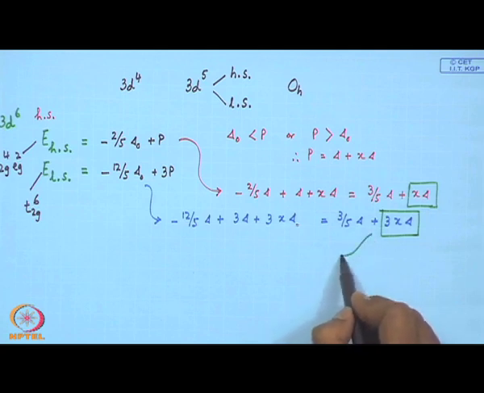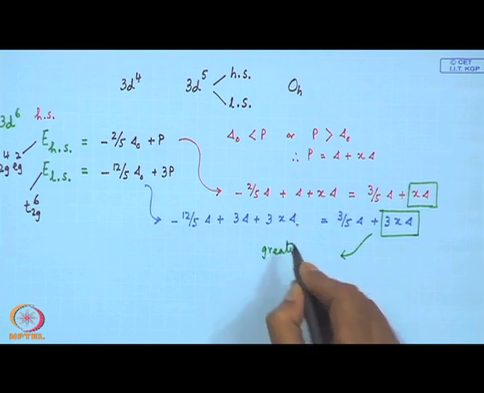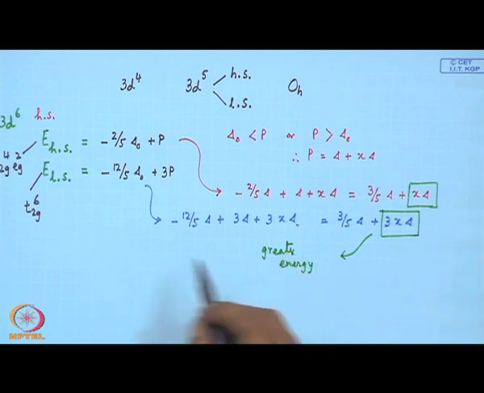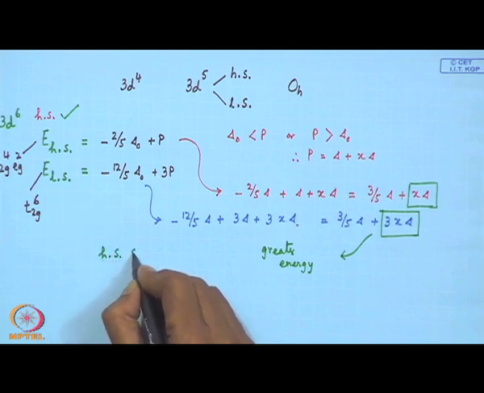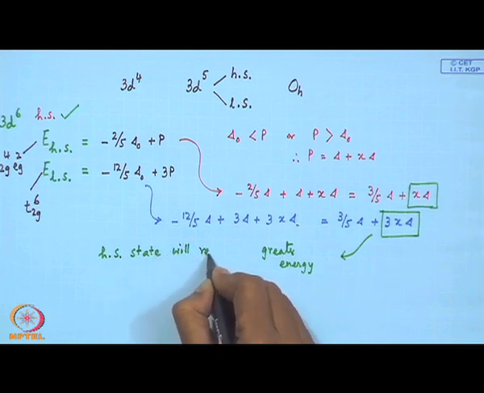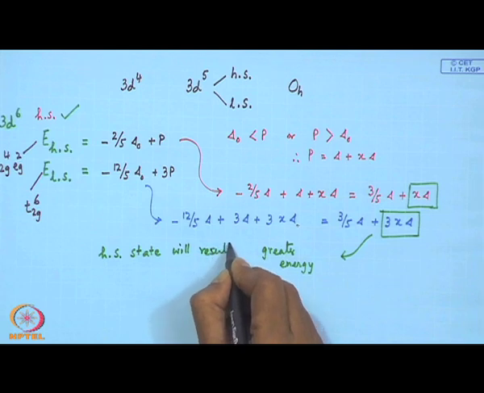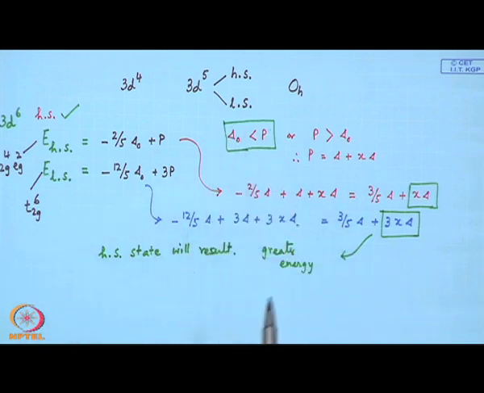Therefore, we can consider the low spin as having greater energy. Since it has greater energy, that means we get the high spin state. So, 3d6 will result in a high spin state. If the condition is that delta O is less than P, we have the corresponding high spin state definitely.